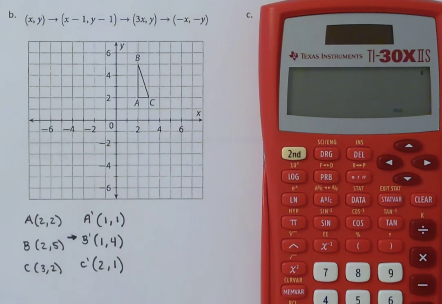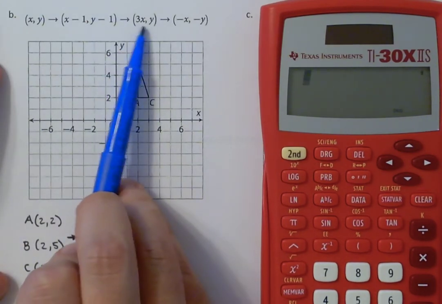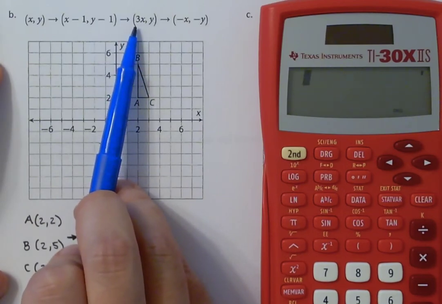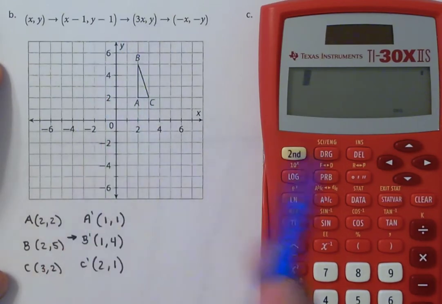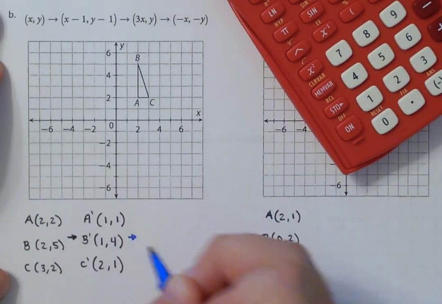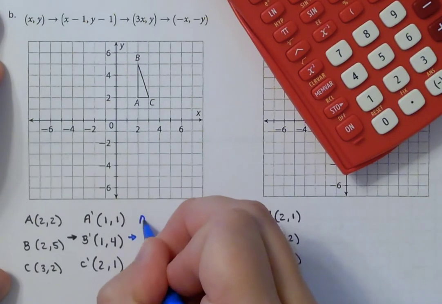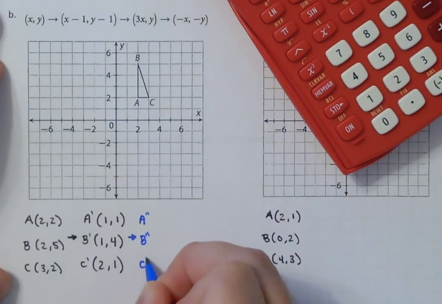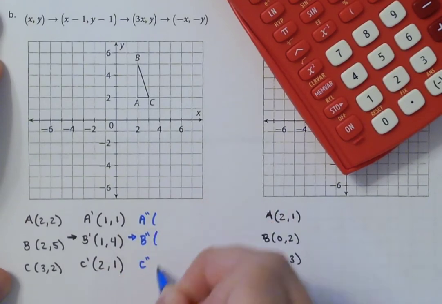Next, my second one is going to be 3x comma y. So that means we're going to multiply all the x values by 3, and all the y values stay the same. So A double prime, B double prime, and then C double prime.